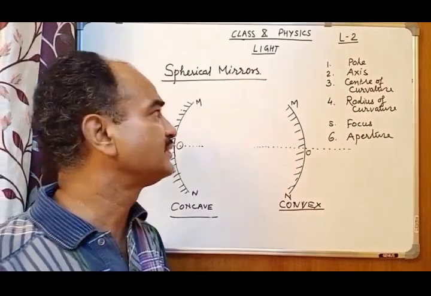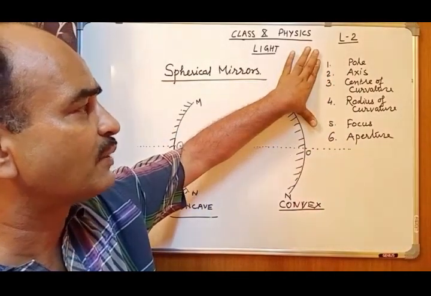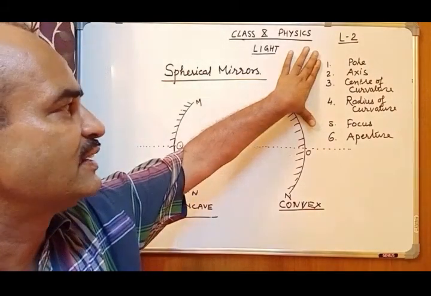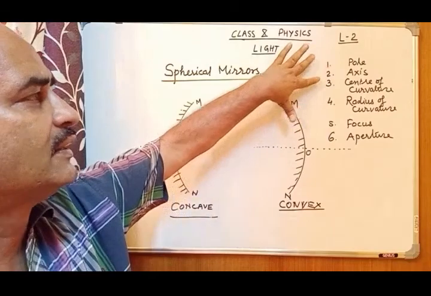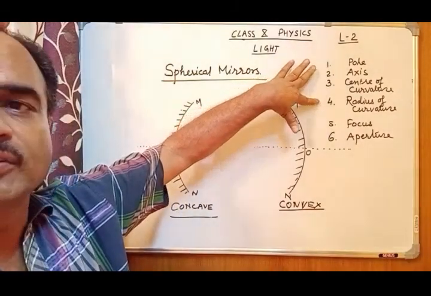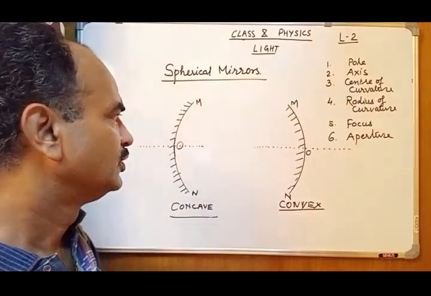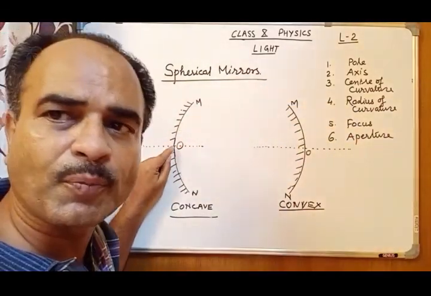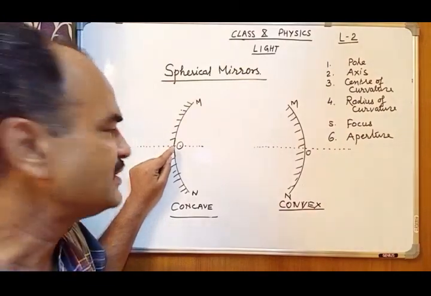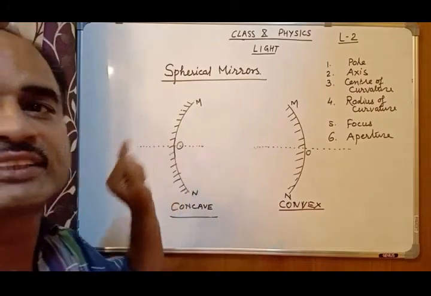Now there are some terms which we should remember here itself. One is pole, another axis, center of curvature, radius of curvature, focus and aperture. Let us start with pole. What is pole? Pole is the center point of the mirror, from which the principal axis passes.